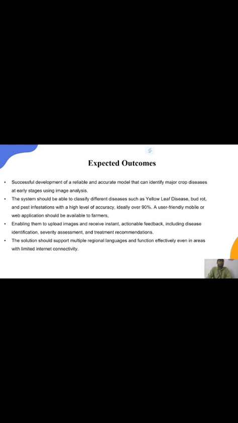The system should be able to classify different diseases such as yellow leaf disease, bud rot and pest infestation with a high level of accuracy, ideally over 90%, through a user-friendly mobile application for farmers, enabling them to upload images and receive instant feedback including disease identification, severity assessment and treatment recommendation. The solution should support multiple regional languages and function effectively even in areas with limited internet.